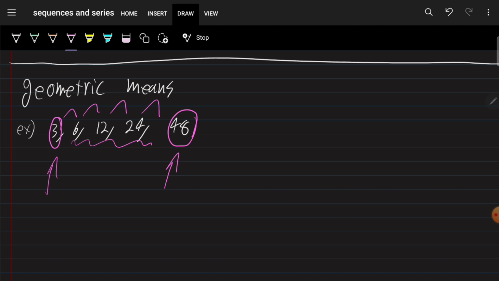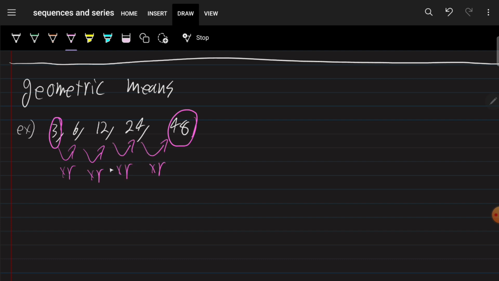And I mean evenly spaced out in the sense that they're all separated by the same common ratio r. Okay, so let me draw that here. They're all separated out by the same common ratio r. So times r for all of them, right?